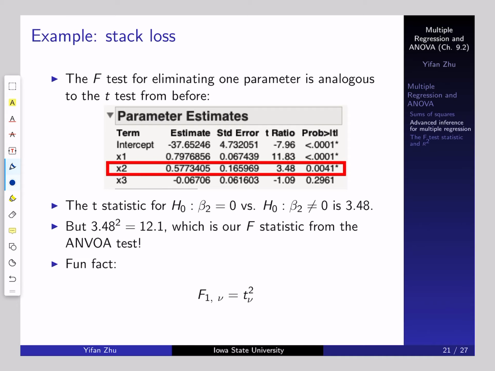If you check the T test for beta 2, we got a T ratio 3.48 and p-value is 0.0041.